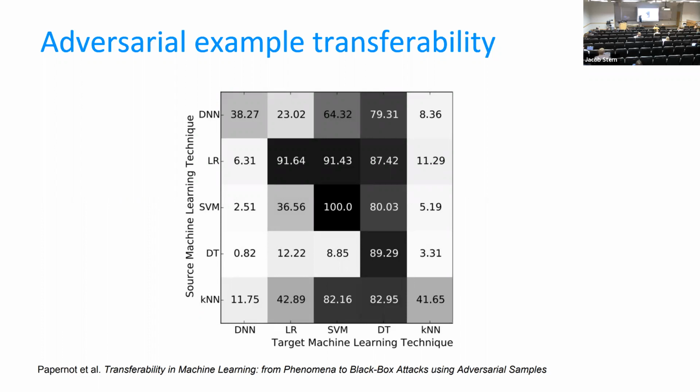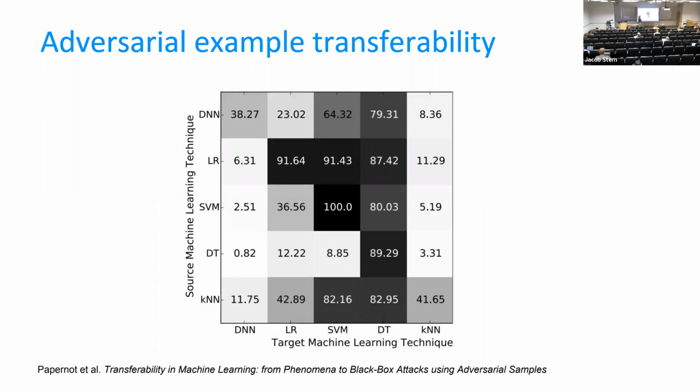So we designed a perturbation that would fool the DNN model on the top row, and then we tested it on 5 different models, which go across the top row. What trends do you notice in this grid?